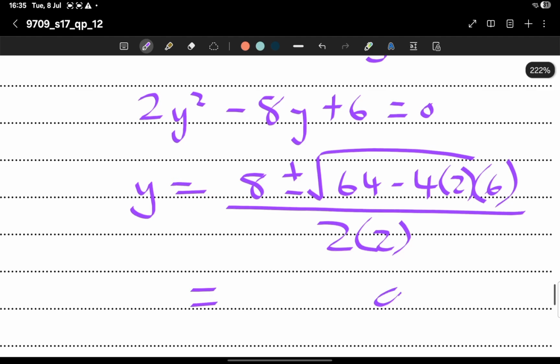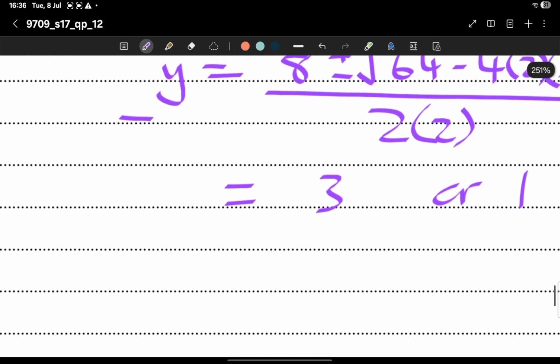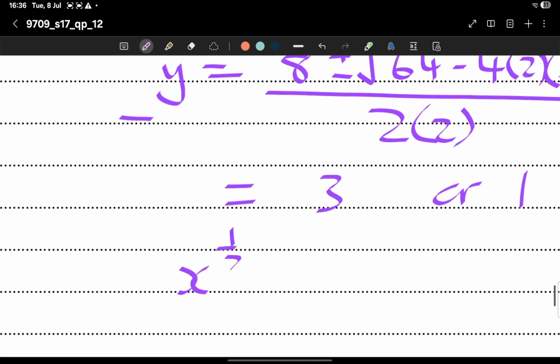And we're going to get two values of y, which will be 8 plus root of 64 minus 4 times 2 times 6 over 4. That will be 3, or the other one, 1, right? And we know y is x to the power half, so x to the power half is equal to 3 or 1.